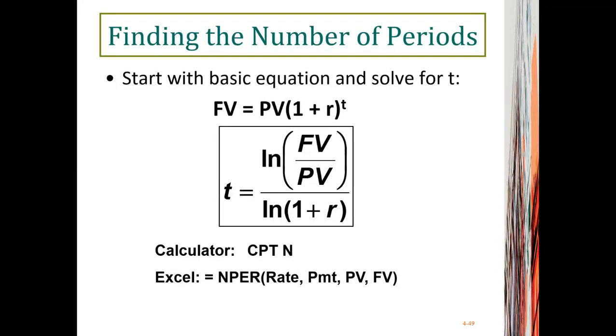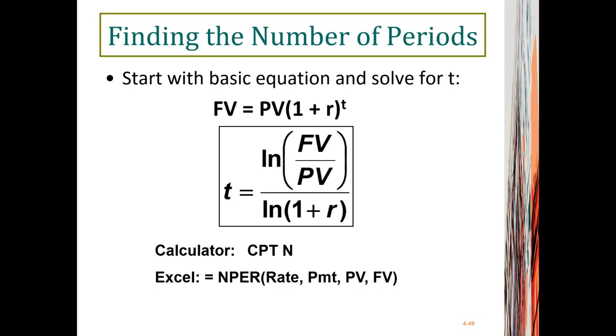Your BA calculator can also help you with some very challenging mathematical problems, such as the one that you see here. Sometimes you need to figure out the number of time periods you need to accomplish certain financial management goals. And T here equals the log of FV over PV, divided by the log of 1 plus R. That is the solution for T in this very basic formula that reveals the relationship between future value and present value.